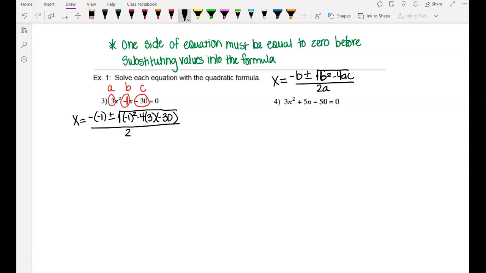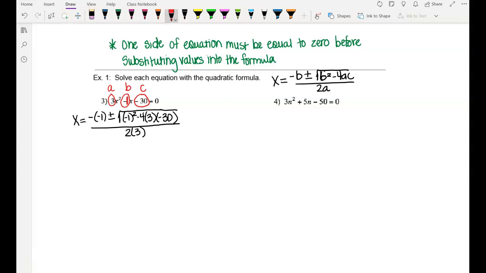All divided by 2 times 3. So all I have done at that point is take my a, my b, and my c and substitute them into the appropriate places in the formula. Again, being cautious that you're taking care of those negative signs. Otherwise, your answer will not come out correctly.